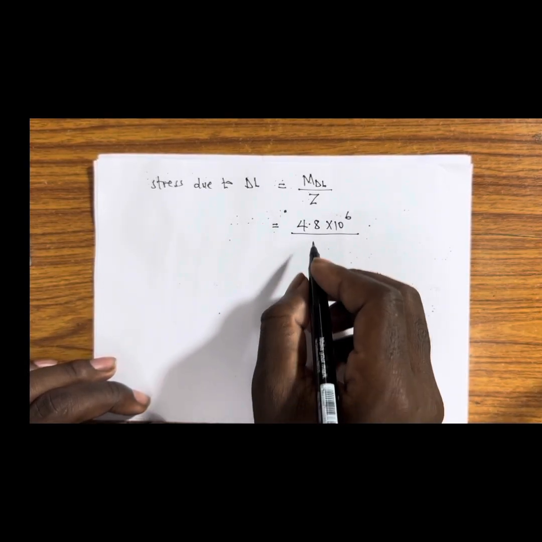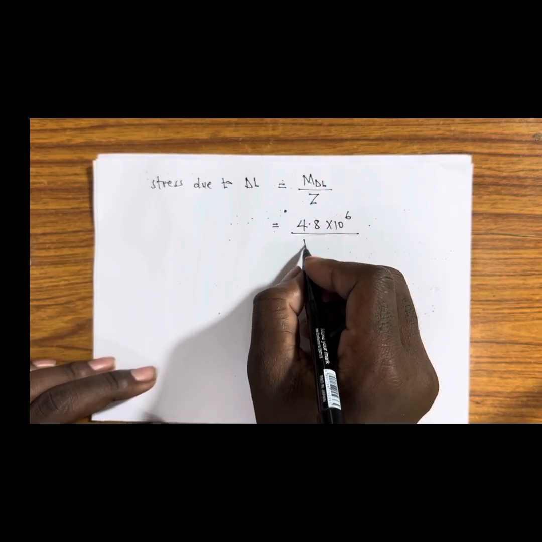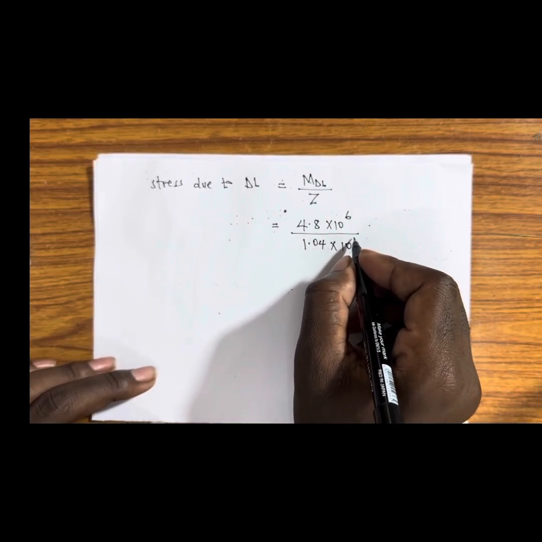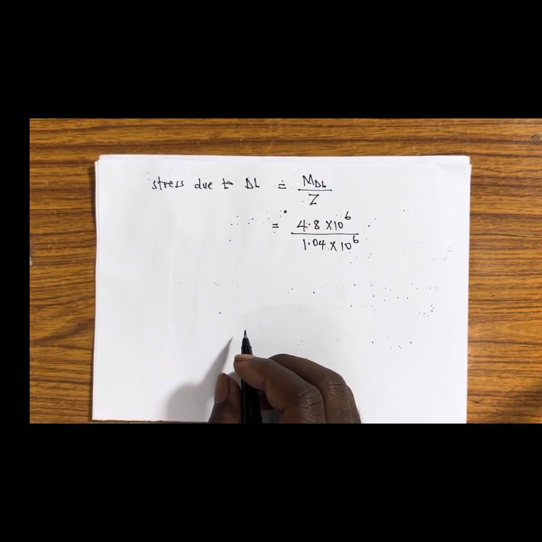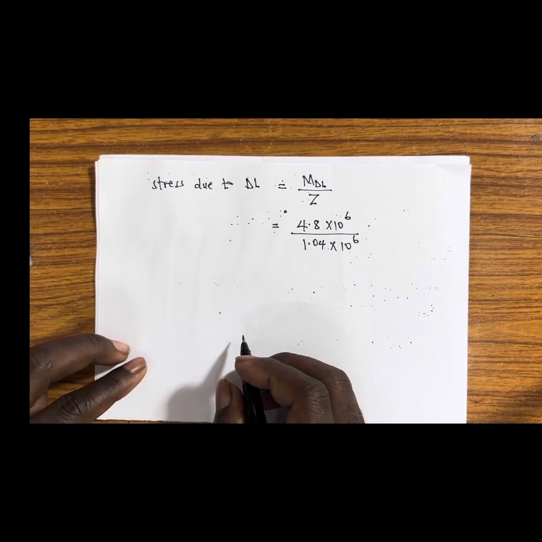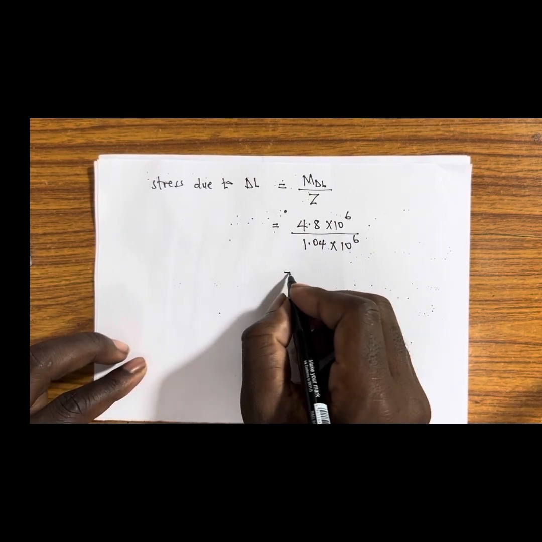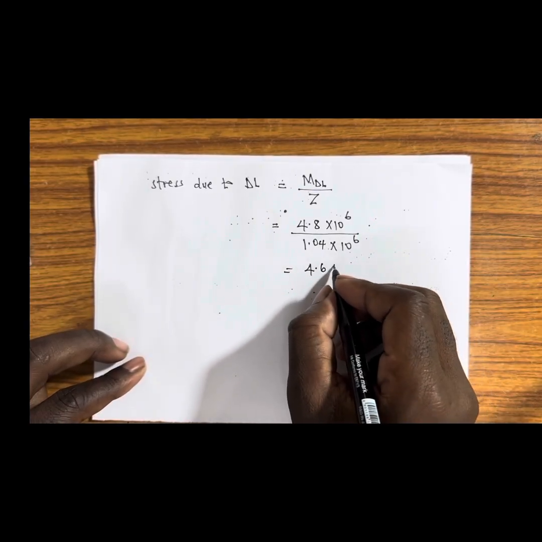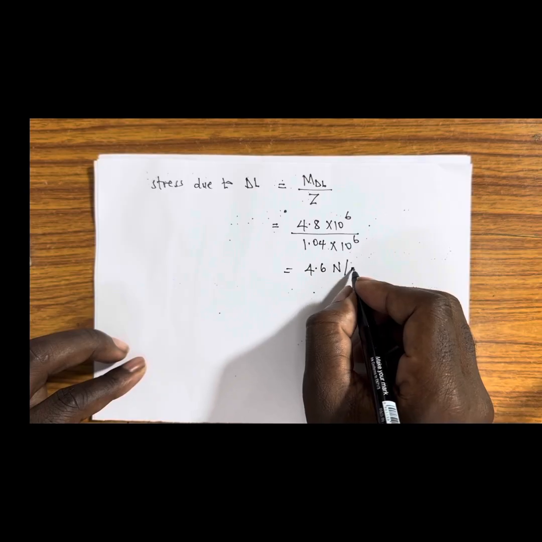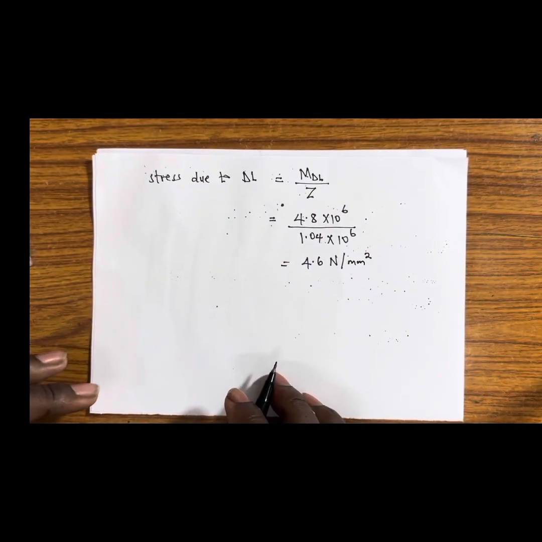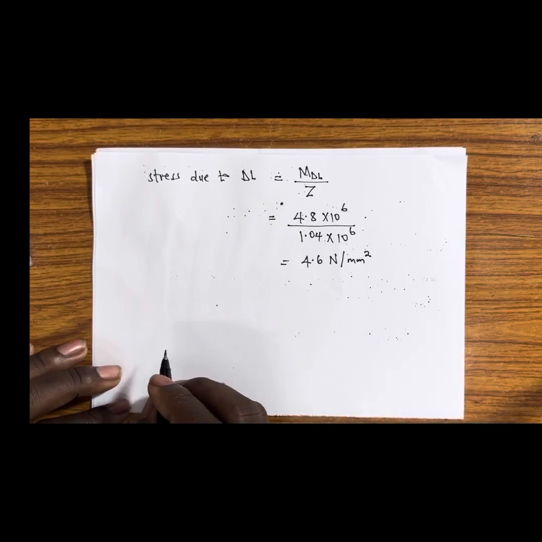If I divide this by Z, the value of Z, we also found that it's 1.04 times 10 raised to the power 6. Meaning that this answer is giving us 4.6 Newton per millimeter square stress. So check the unit, must be correct.